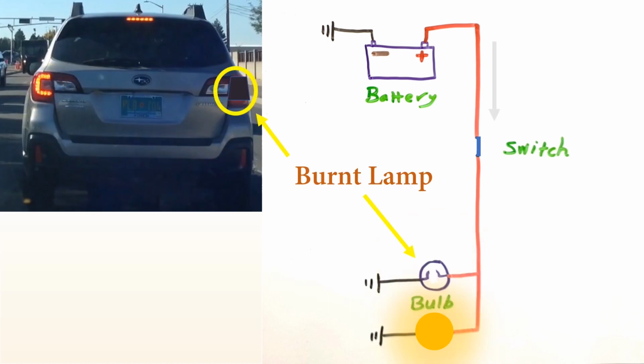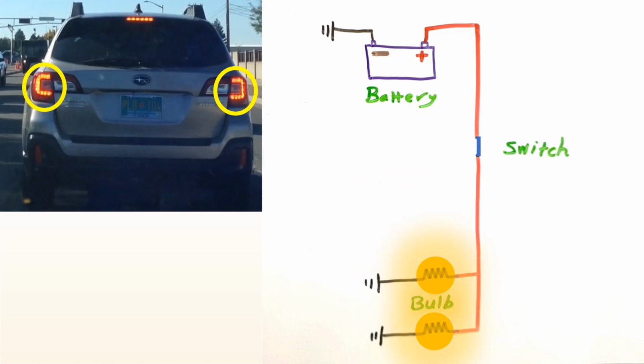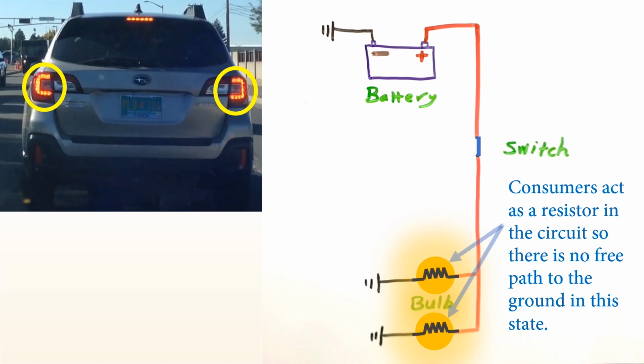As you can see, if one of the lights in this circuit burns out, there's still a path for the current to go to the negative side, which is also known as the ground, and I talk about that in the following. Also, consider that each lamp in this circuit is a load, so the current can't freely flow to the negative. In other words, there's a resistance in the circuit.